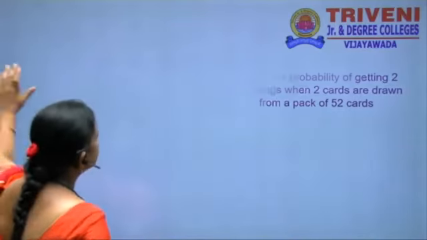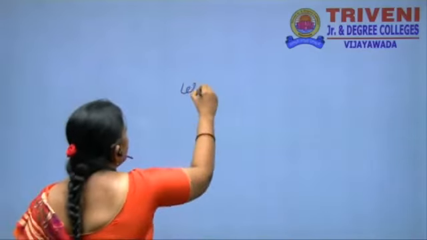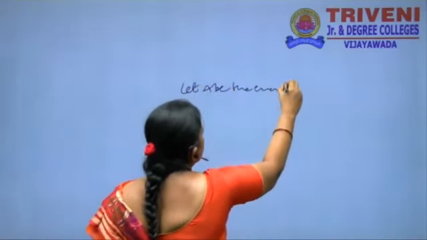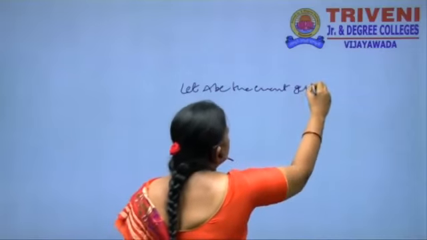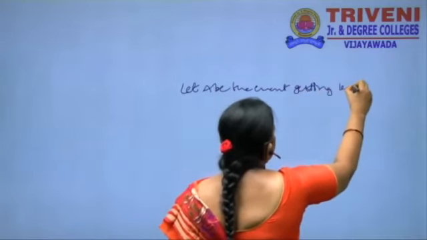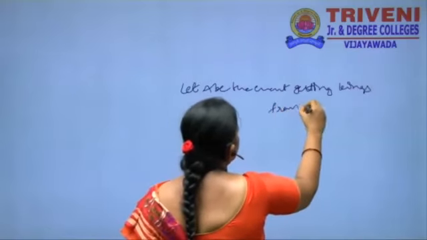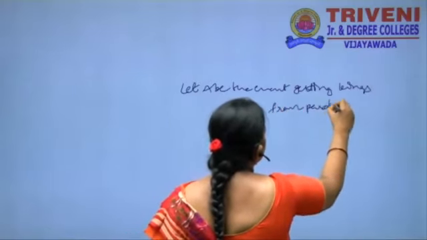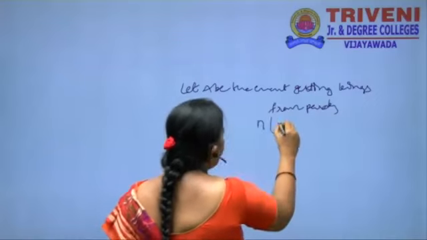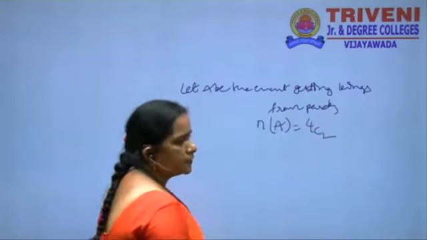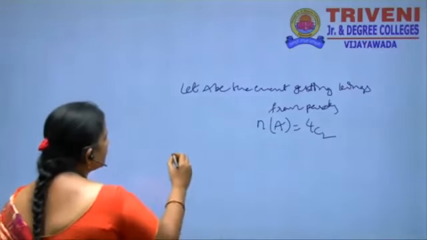Let A be the event of getting 2 kings from 2 cards. That is, n of A is equal to 4C2.